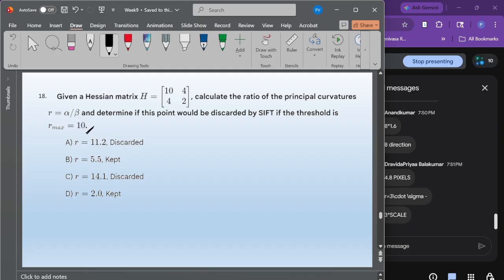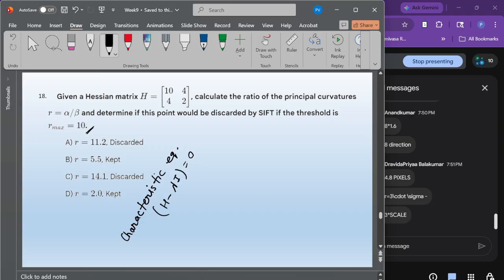So how can we solve this question? How can we calculate first the principal curvature? Principal curvature, as we know, is calculated by using the characteristic equation, right? The characteristic equation is the determinant of H minus lambda I is equal to 0.